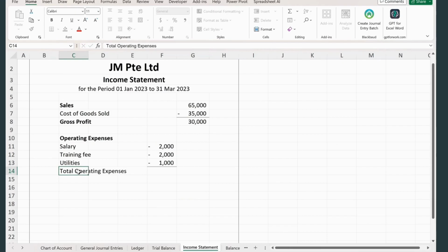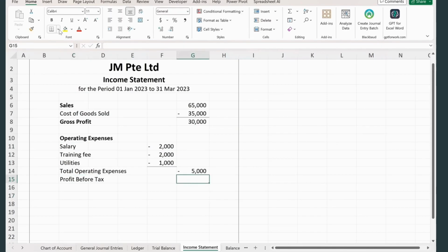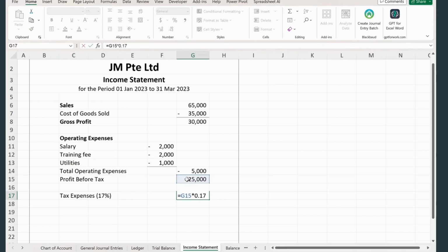Total operating expenses is these 5,000. So PBT is 25,000. Tax, here we take it to 17%. Just do a simple calculation by multiply 17%. Next, net profit.